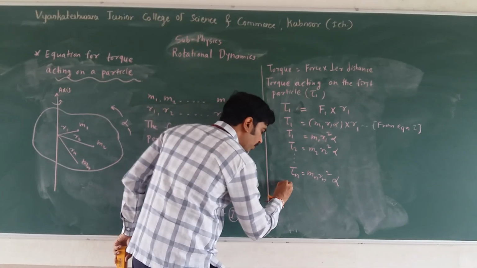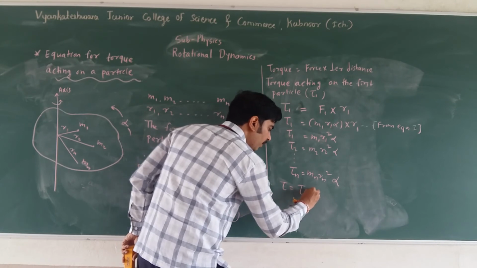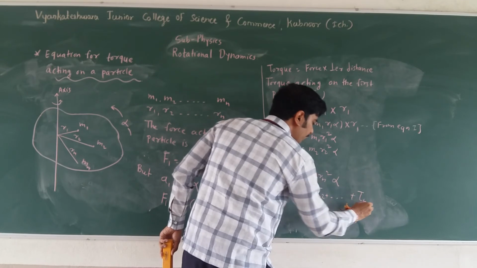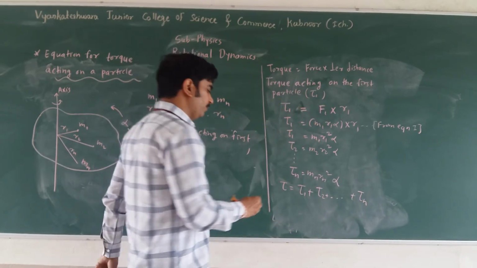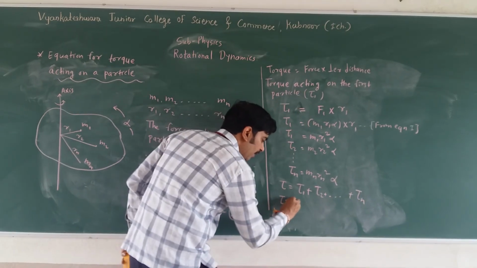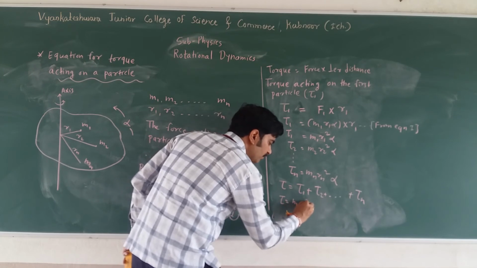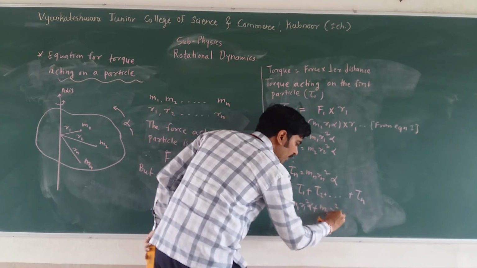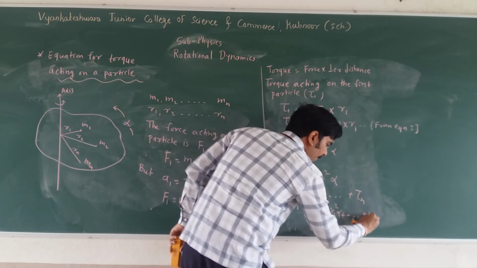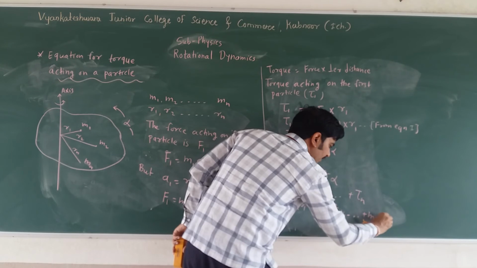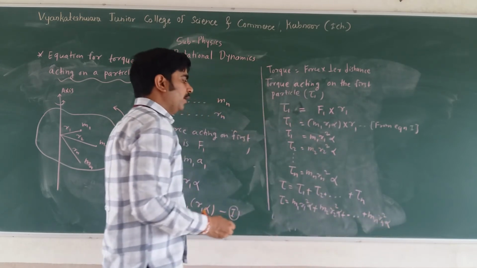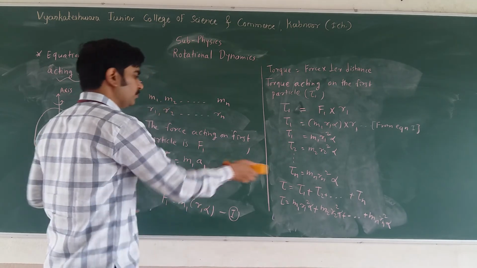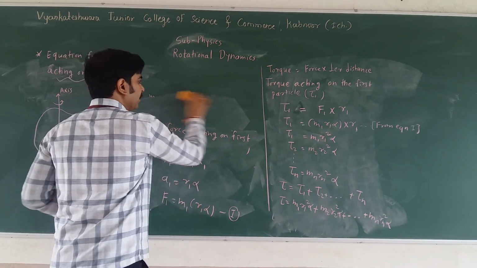Now total torque tau is equal to tau 1 plus tau 2 up to tau n. So substituting the values, we are getting M1 R1 square alpha plus M2 R2 square alpha up to Mn Rn square alpha. Now we have to take alpha as common.